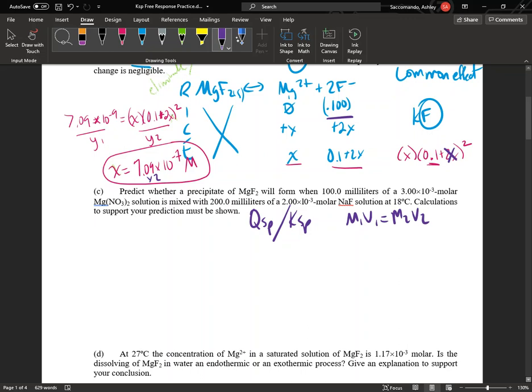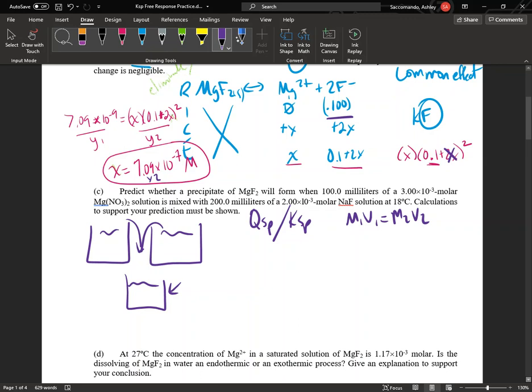Does everybody remember that type of problem where you're taking the 2 separate solutions in the 2 separate beakers and then you're adding them together into one beaker and you're trying to see if that's going to precipitate or not? Do we remember this problem from the notes? Yes, no? Okay. Well, I definitely go back to that one or look at this one.